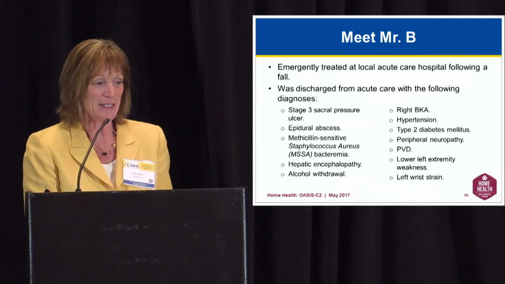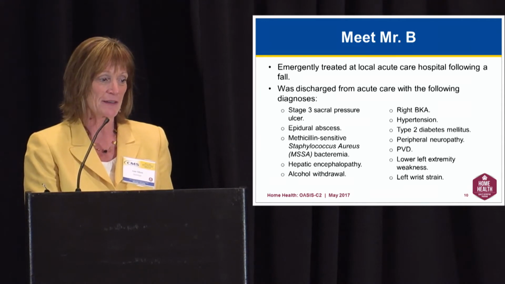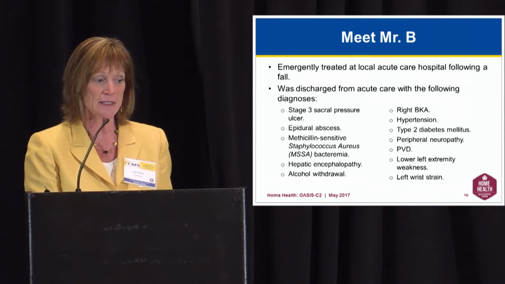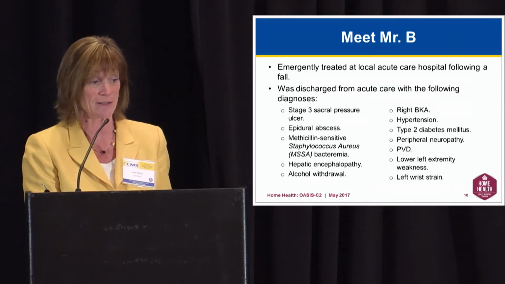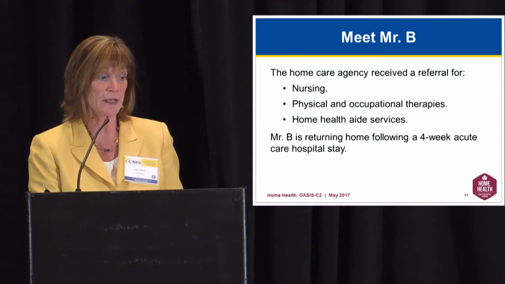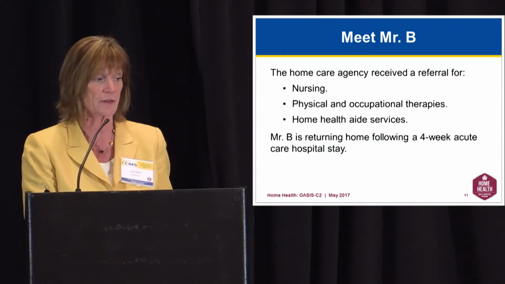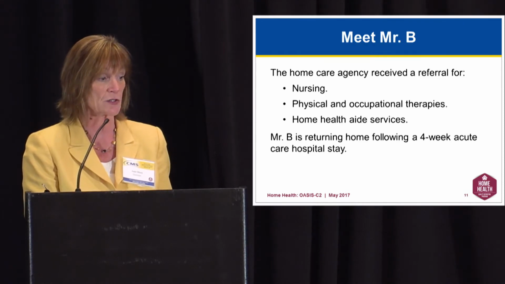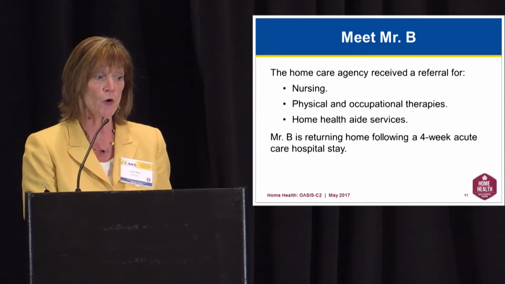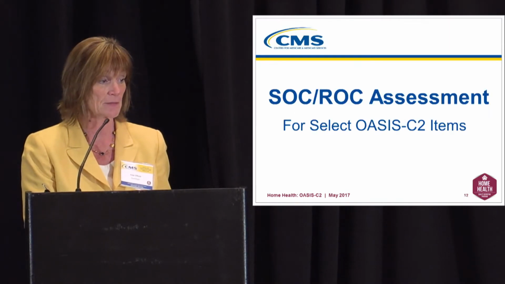Type 2 diabetes and peripheral neuropathy, PVD, a lower left extremity weakness, and a left wrist strain, to name a few. Poor Mr. B. So the home care agency received a referral for nursing, physical, and occupational therapies and home health aide services. He's returning home following a 4-week acute care hospital stay.